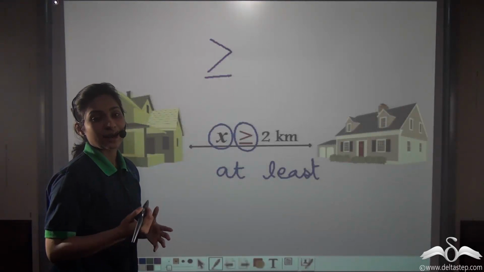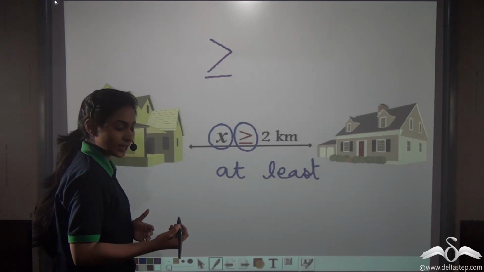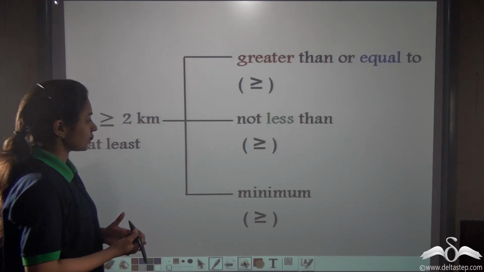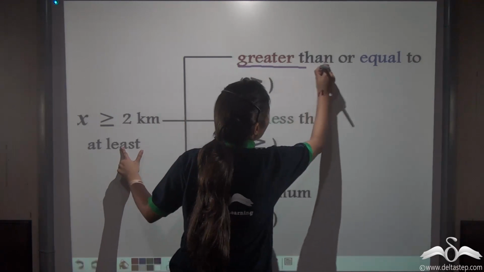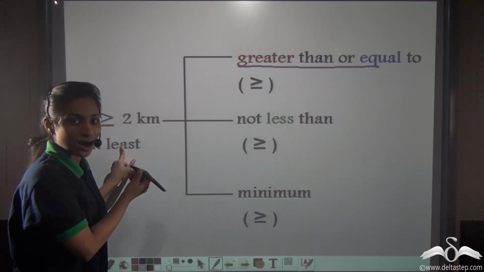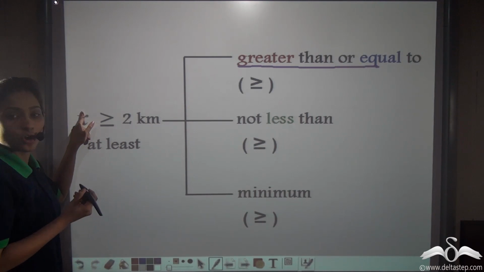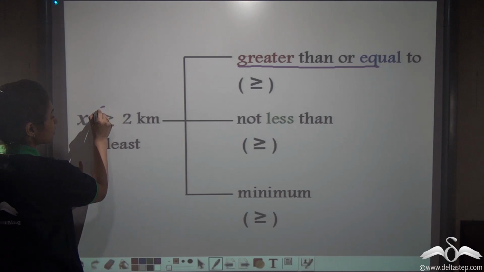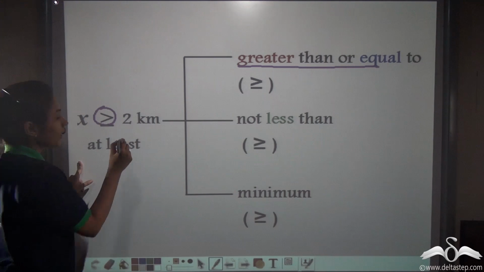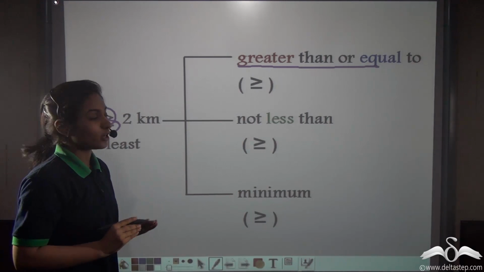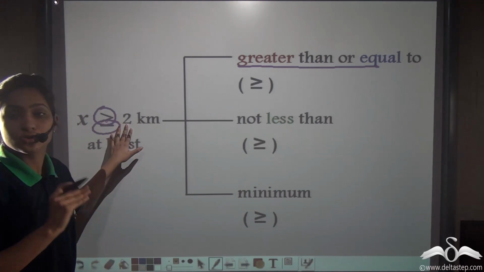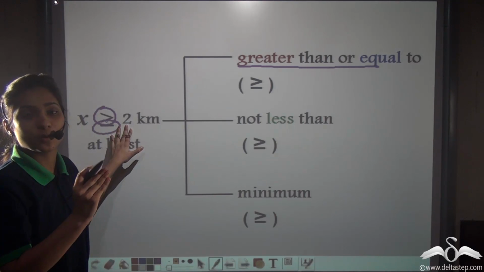Now at least can be described in other words also. Let's see what. See, at least can be said as greater than or equal to. Just in our case we saw the distance between your and your friend's house was greater than 2 or equal to 2, right? Now your friend was definitely sure that his house was not less than 2 kilometers from your house.